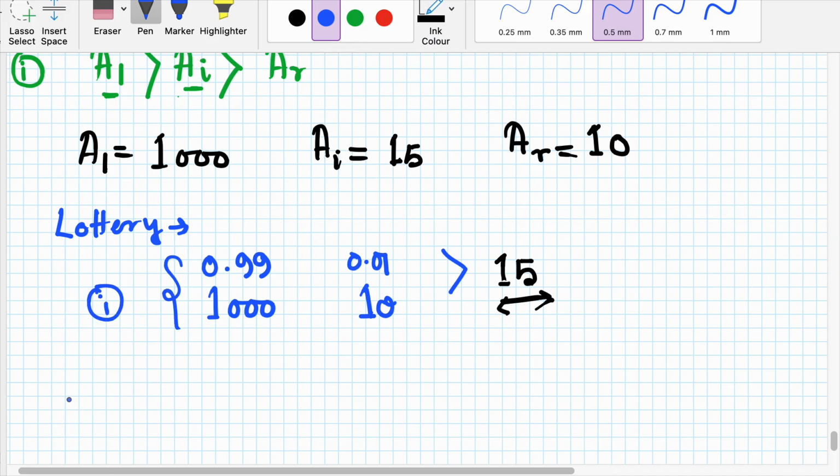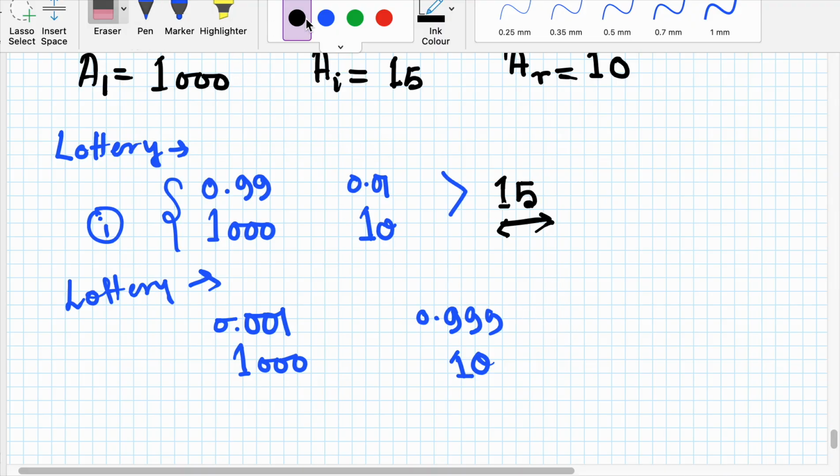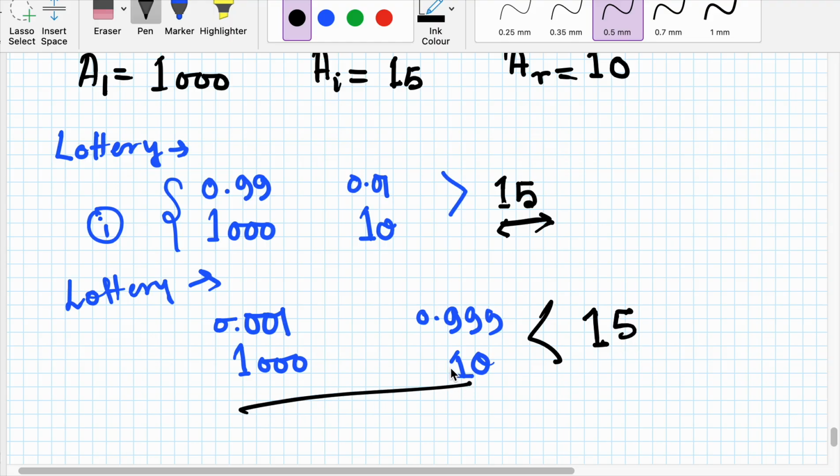Now suppose someone presents a lottery like this: with 0.001 probability I will get 1000 rupees, and with 0.999 probability I will get 10 rupees. Obviously I will certainly choose 15 rupees over this lottery.